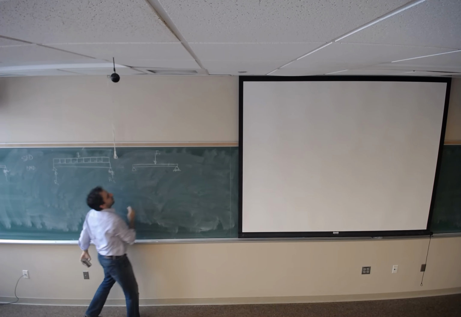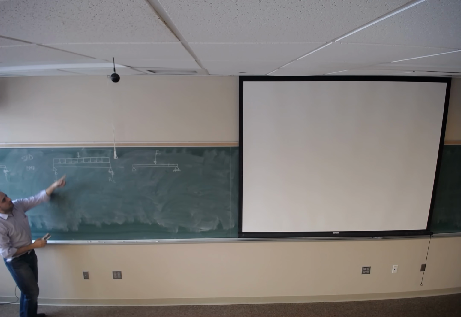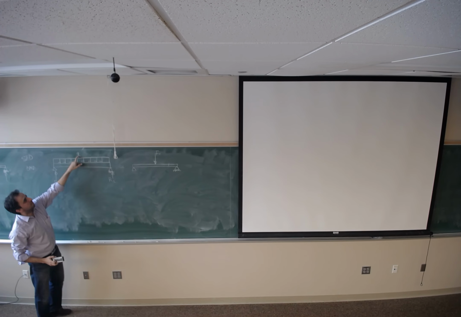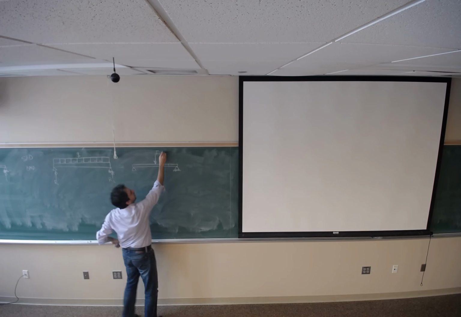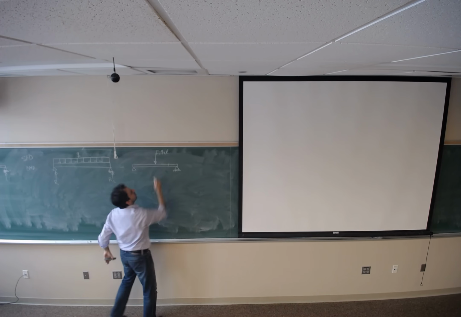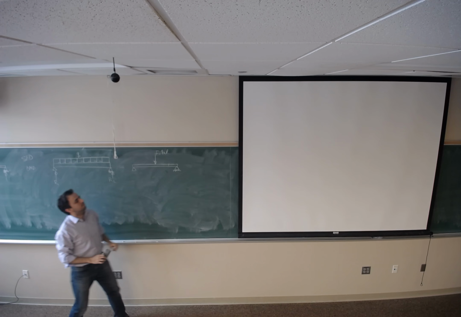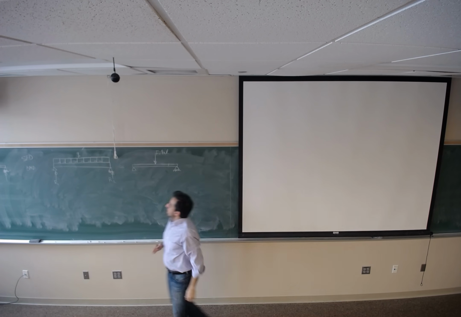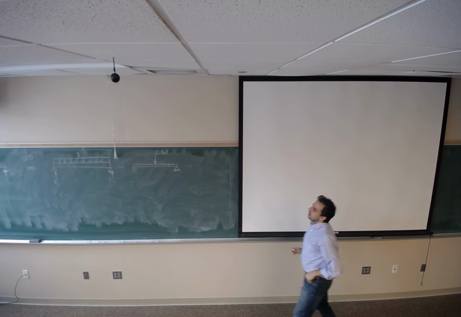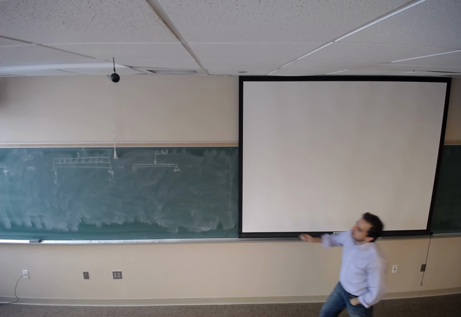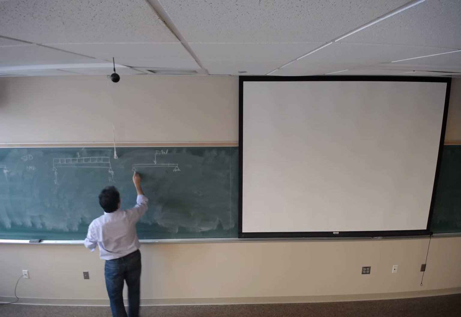The magnitude of the force is going to be Q times L. So to find R1 and R2, I replace this with a simply supported beam with one concentrated load with the magnitude of Q times the length of the distributed load, which is L.